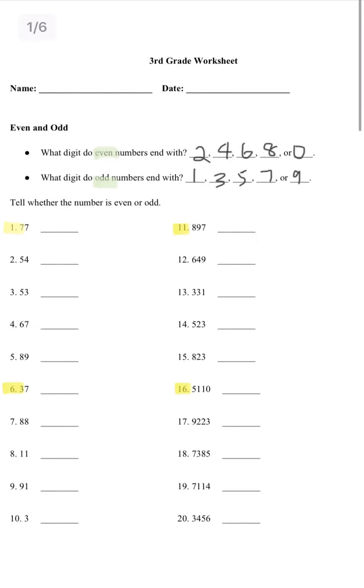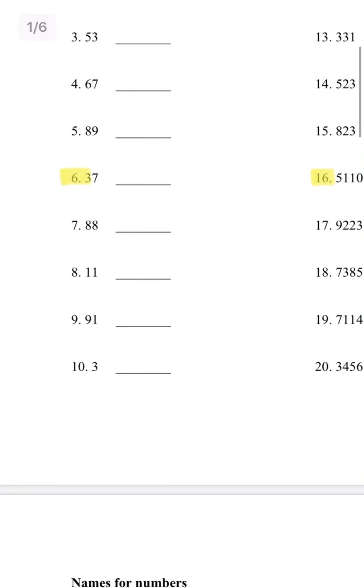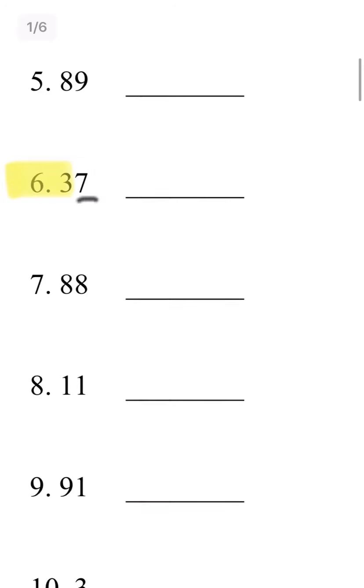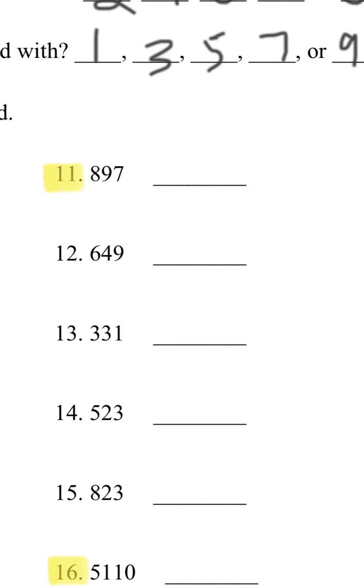Okay? So number 1, 77. Well, it ends with 7, meaning it's an odd number, right? And then number 6 also ends in 7, so it's again an odd number. And then number 11, 897. Oh, again 7.